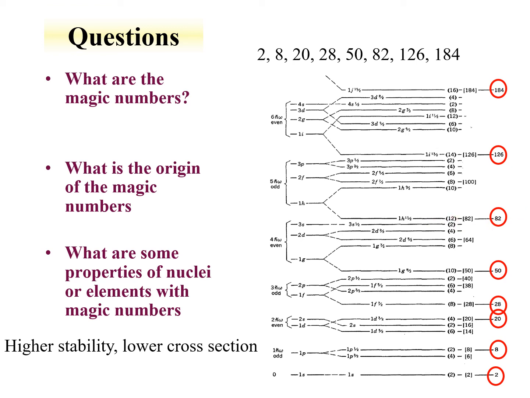And you'll also see that nuclei that have magic numbers tend to have lower cross sections. Great examples are doubly magic nuclei. For instance, lead-208 has a very low cross section, and isotopes of tin have low cross sections for nuclear reactions.